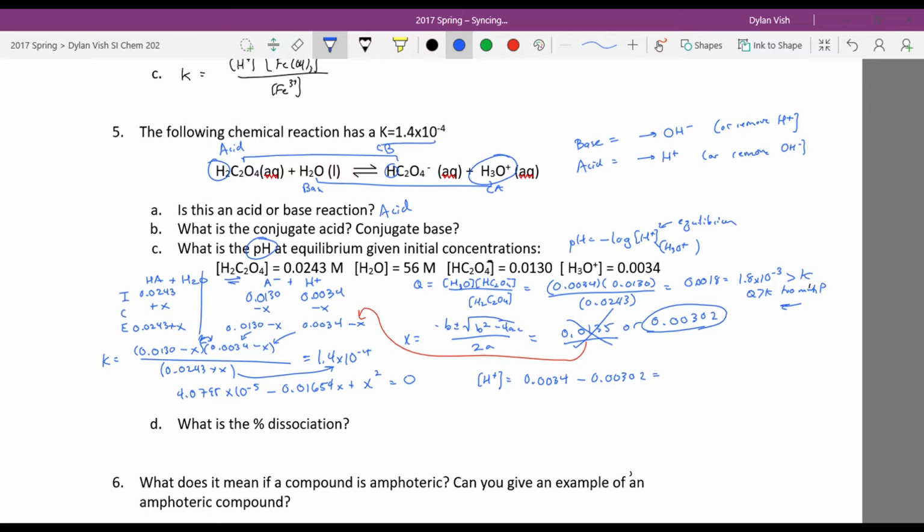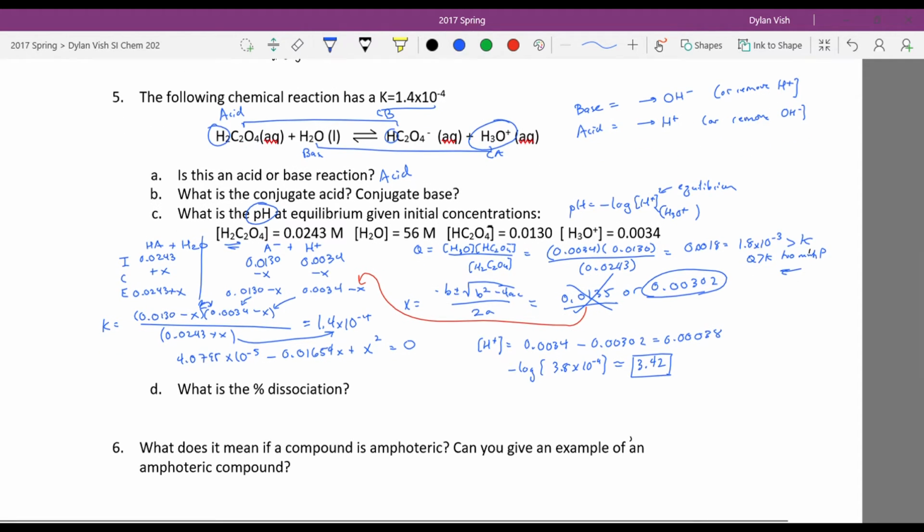That's going to give us 0.00038. So the negative log of 3.8 times 10 to the negative 4, that's going to give you 3.42. That's our pH at equilibrium.